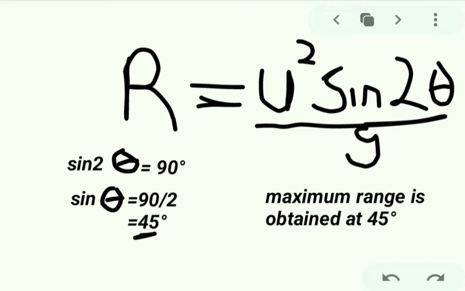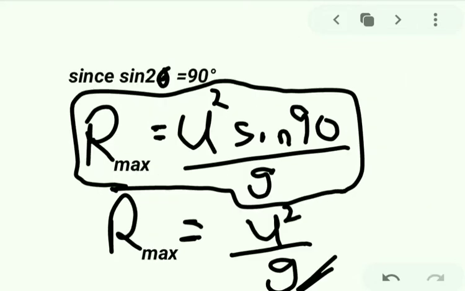Now if we substitute 90 degree into this place, u square times sine 90 over g. Sine 90 is 1. U square times 1 will still give you u square.